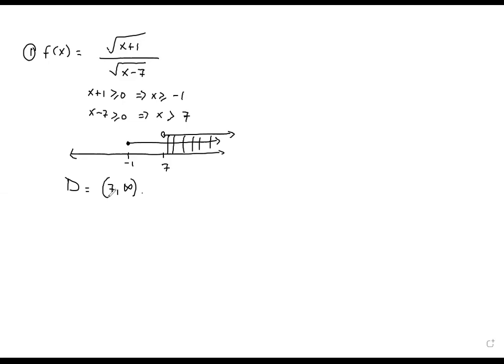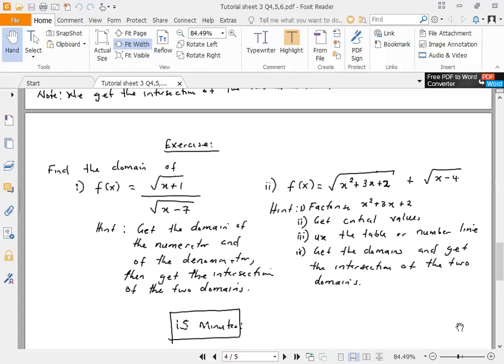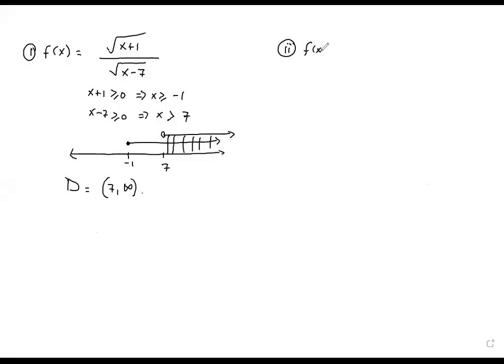Okay, let's see the second one. What was the second one? It was f of x is equal to the root of x squared plus 3x plus 2, plus the root of x minus 4.